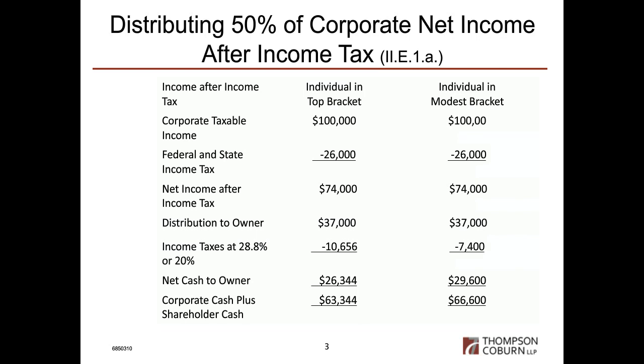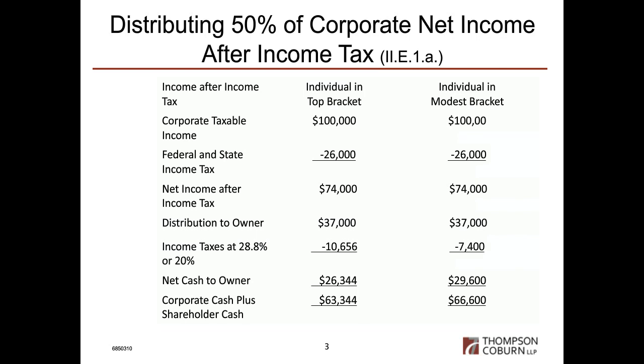So if you subtract that $63,344 from the $100,000, that comes out with an effective tax rate of about 36 2/3%. So moving to the right-hand side of this slide, again, the first three rows are $74,000 of corporate net income after income tax. We're distributing $37,000, half of that $74,000, to our shareholders.